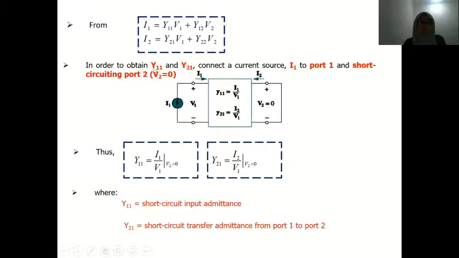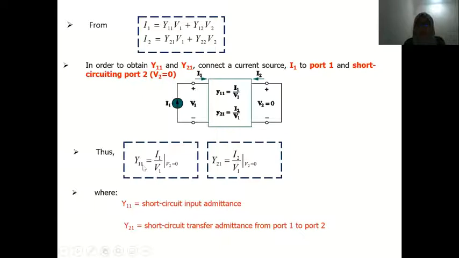From this general equation, the first step is to obtain Y11 and Y21 by connecting the current source I1 to port 1 and short-circuiting port 2, so V2 becomes 0. You give I1 at the input port. In this condition, Y11 is I1 divided by V1, because we know that admittance is current divided by voltage.